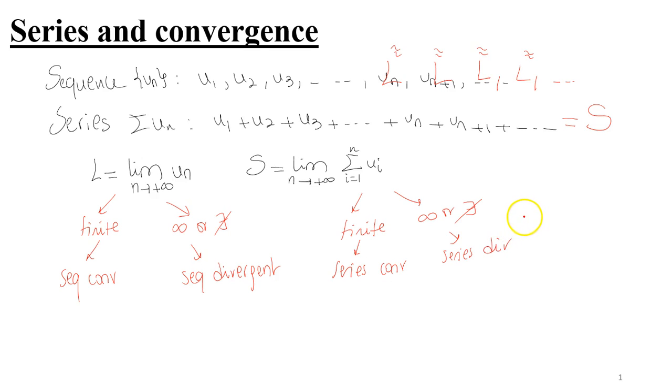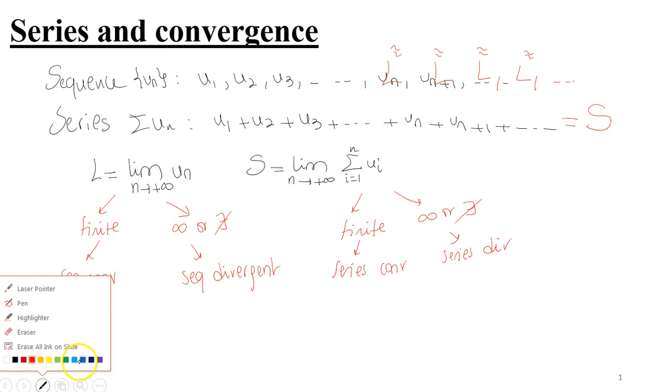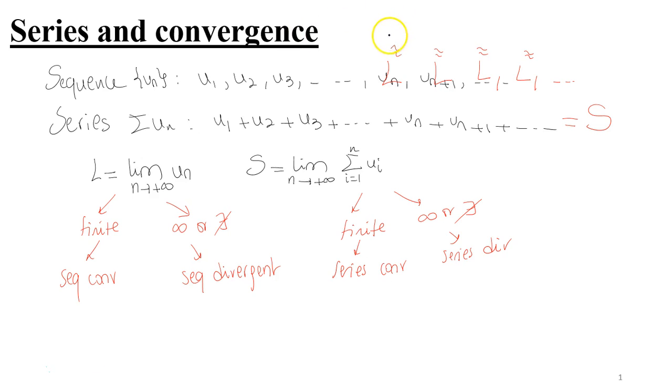Now, how do the limits of the sequence and series affect one another? First, if the sequence is divergent, let me give you a simple example. Divergent could mean that the limit does not exist, but let's visualize it this way: suppose that the limit of the sequence is infinite.